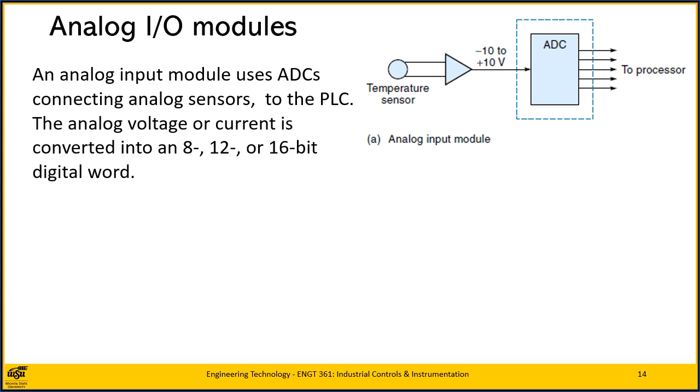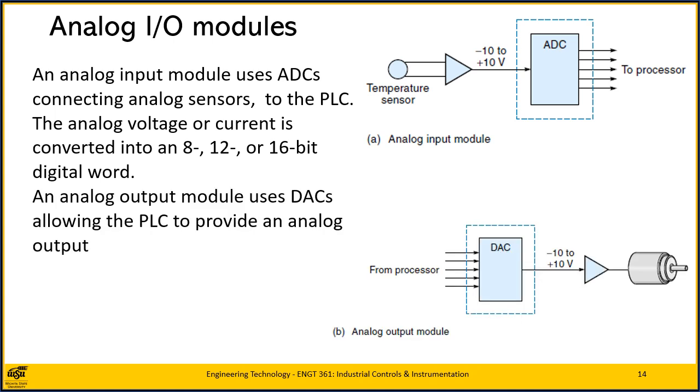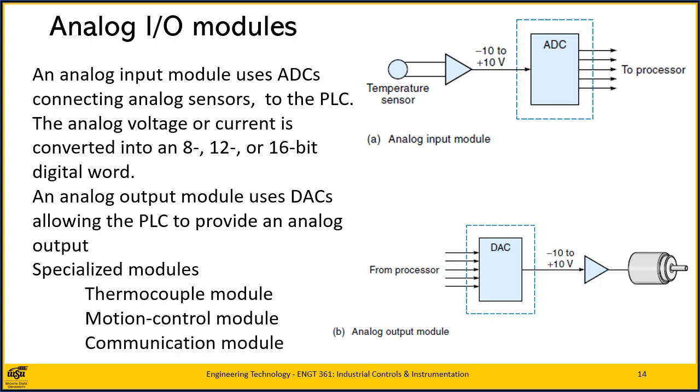Depending on the module, the analog voltage or current is converted into an 8, 12, or 16-bit digital word. An analog output module contains one or more DACs, digital to analog converters, allowing the PLC to provide an analog output, for example, to drive a DC motor at various voltage levels.